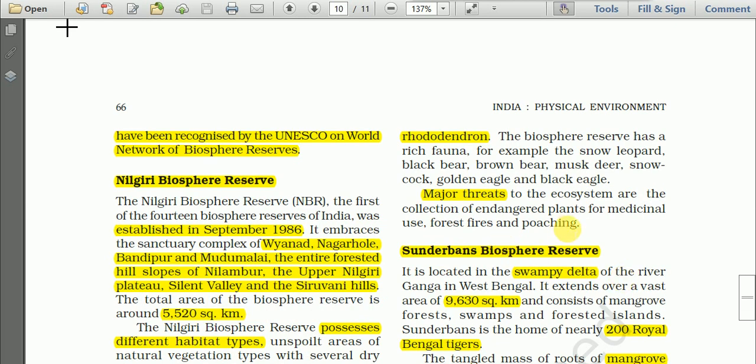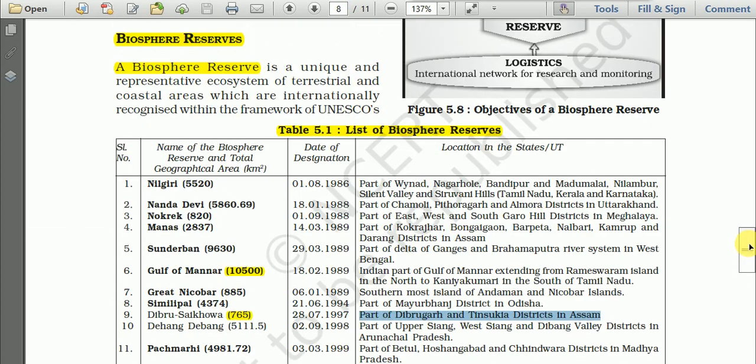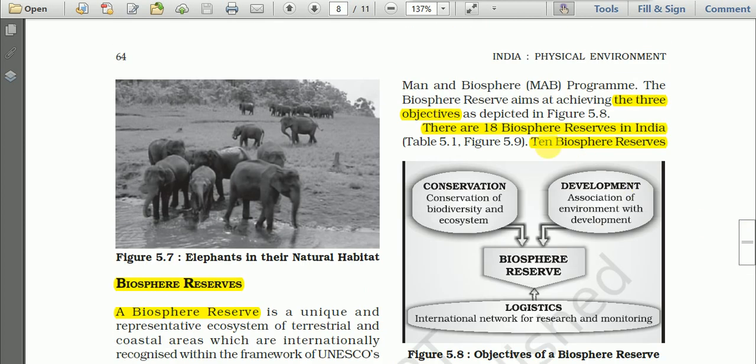Out of the 18 biosphere reserves in India, 10 biosphere reserves are recognized by UNESCO. We have these 18 biosphere reserves given in table number 5.1.